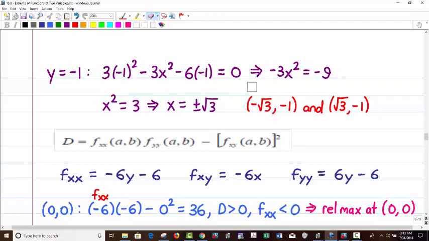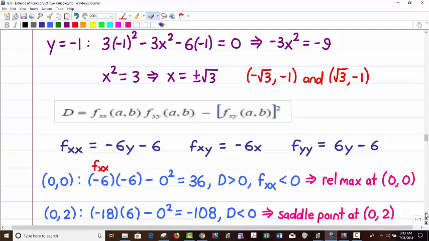So x squared equals 3, which means x equals plus and minus the square root of 3. So plus and minus square root of 3 for x pair up with negative 1 for y: negative root 3, negative 1, and positive root 3, negative 1. Just like the last one, we have 4 critical points. Now I'm speaking like I'm in Cal 1 again here.